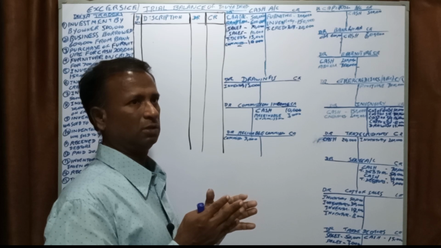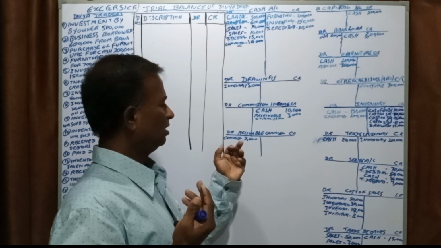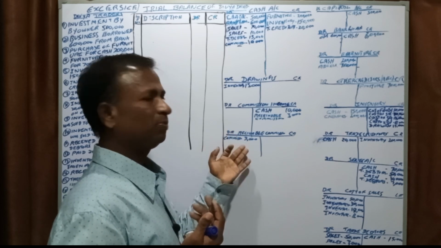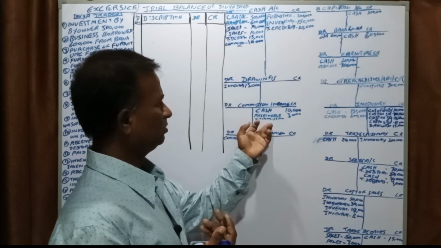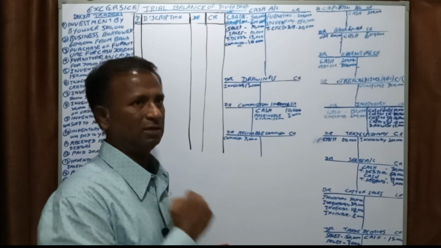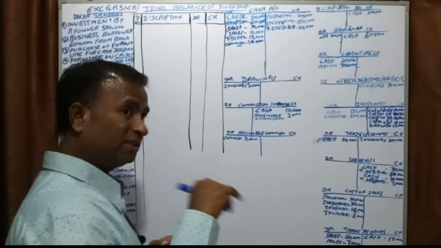Receivables is increasing, in the sense assets increasing. The commission receivable account has to be debited. Here commission income is increasing, always incomes are credited, revenues are credited. Increase in revenues are credited.